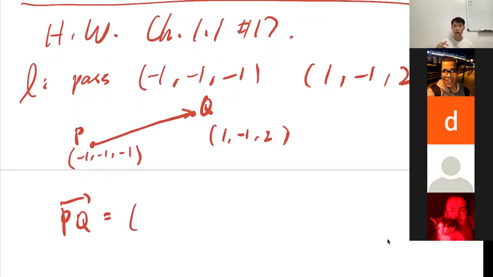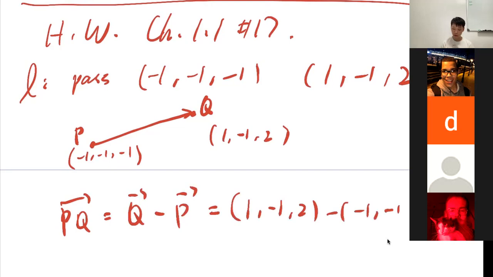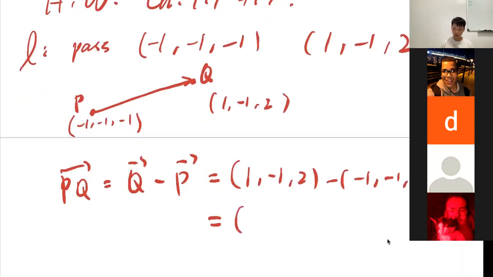Can you expand the process? How do you take it? Yeah. So it is Q minus P. So that is 1 minus (-1), -1 minus (-1), 2 minus (-1), and then that is equal to (2, 0, 3).